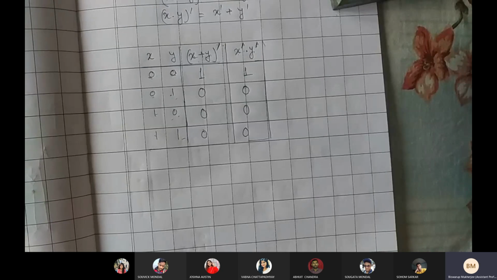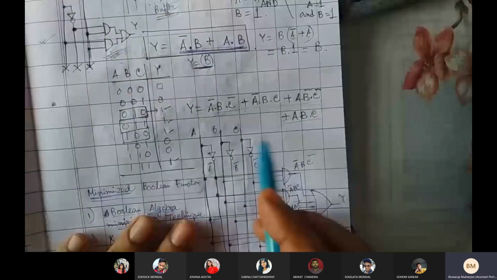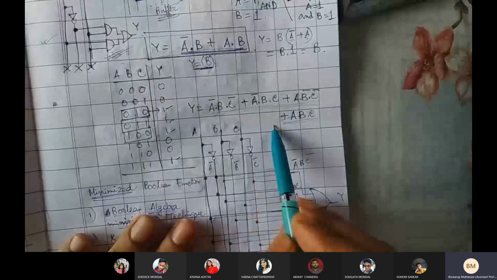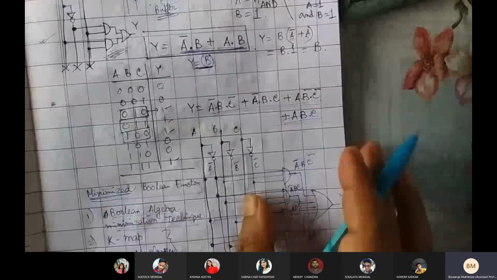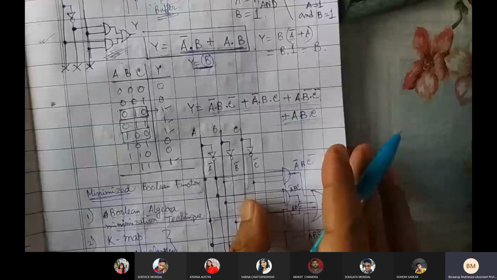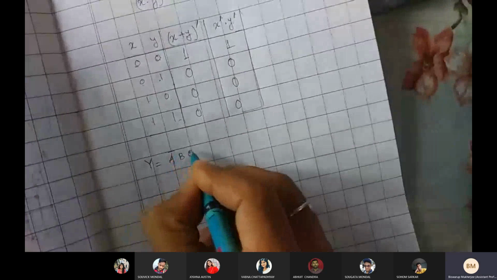So right now we'll be going back to the expression like that, this one. So let me come back to this one again, right? That was something like this, how to minimize that one. So Y is equal to, we have found that one as a bar b c bar, fine.